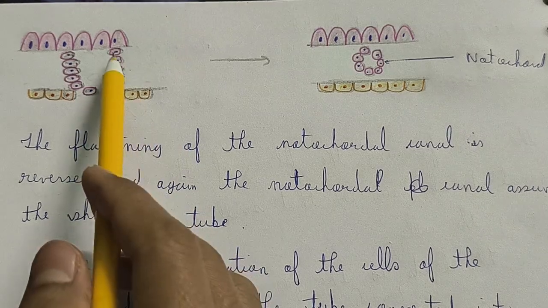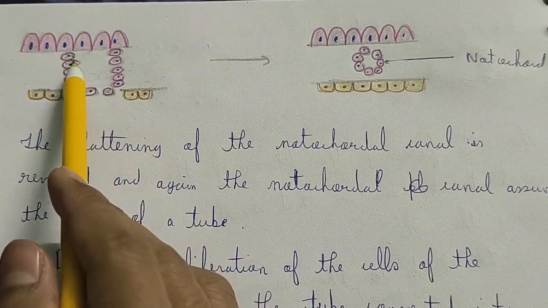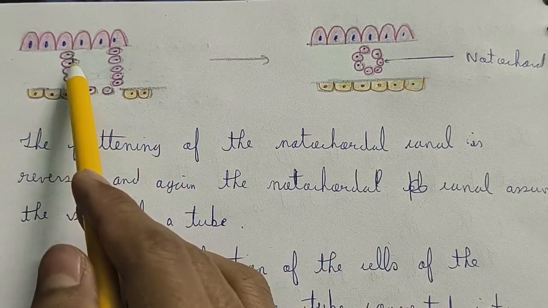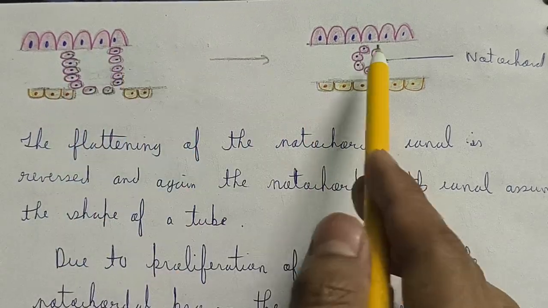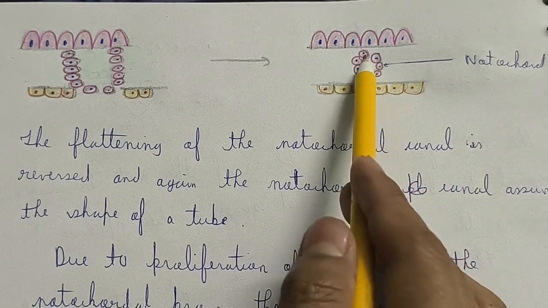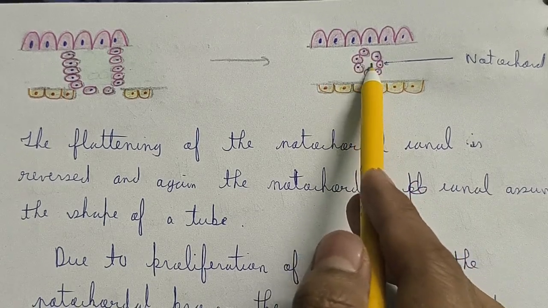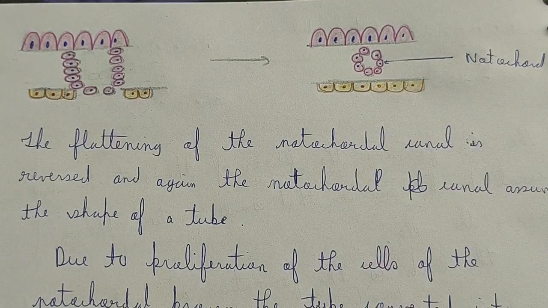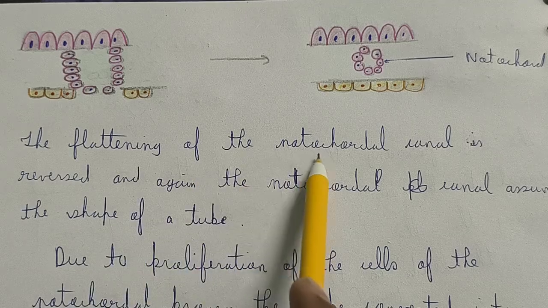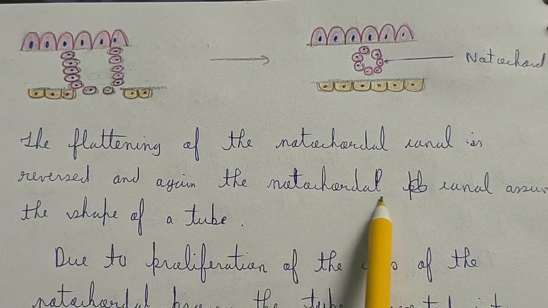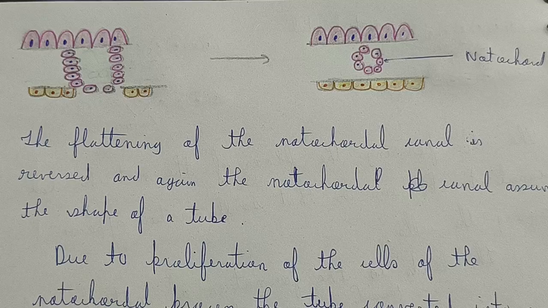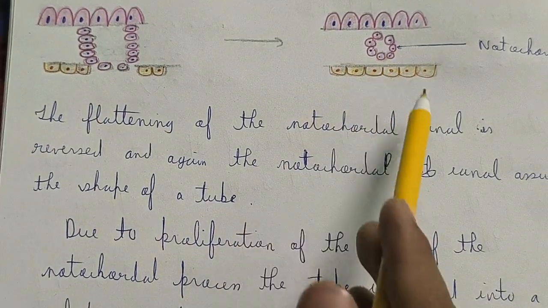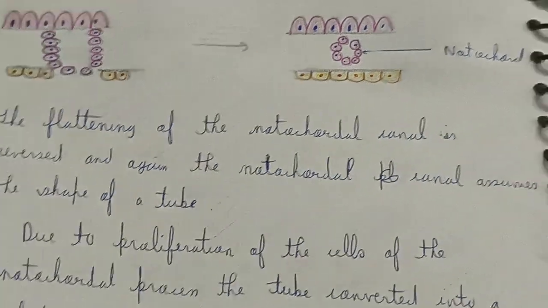So friends, now here you can see the notochordal plate. Yes, the flattening of the notochordal canal happens, but again it converts into a rounded solid tube, and this leads to the formation of the notochord. Here it is written that the flattening of the notochordal canal is reversed, and the canal again assumes the shape of a tube, and an inductive proliferation of the cells occurs, and as a result notochord formation occurs.